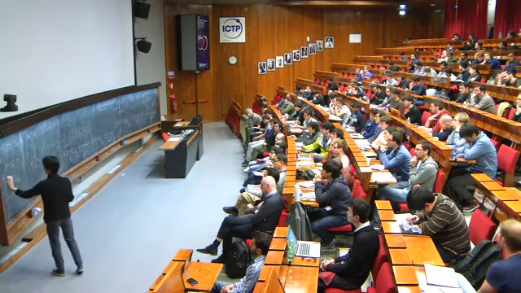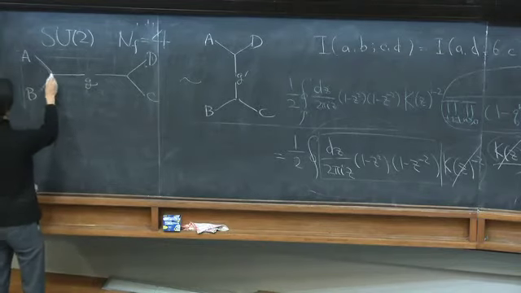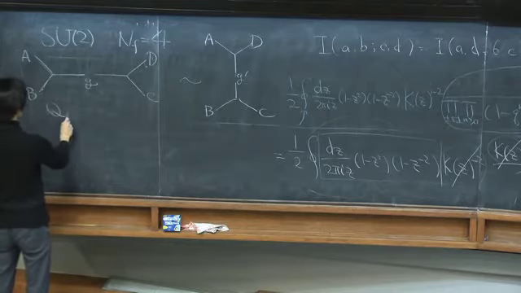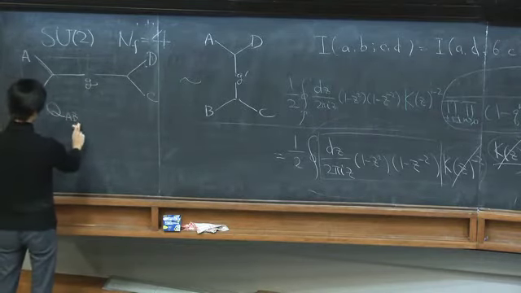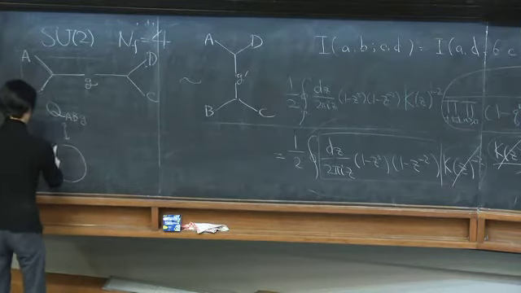So the natural thing you try is that somehow this trivalent vertex corresponding to the trifundamental field corresponds to a 3-punctured sphere.